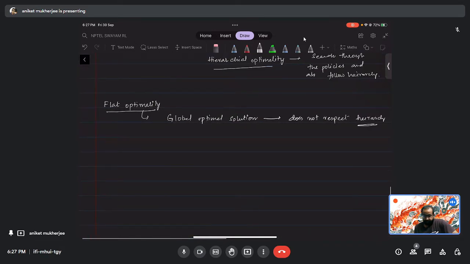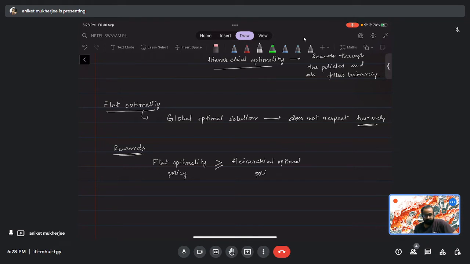So while getting into the rewards that you get for each optimality, if you have a flat optimal policy, that is the best you can do, because that is the global optimal policy for your whole problem, not the subproblem. So it will be greater than or equal to hierarchically optimal.